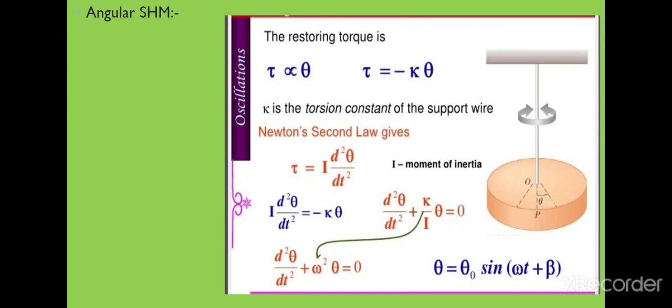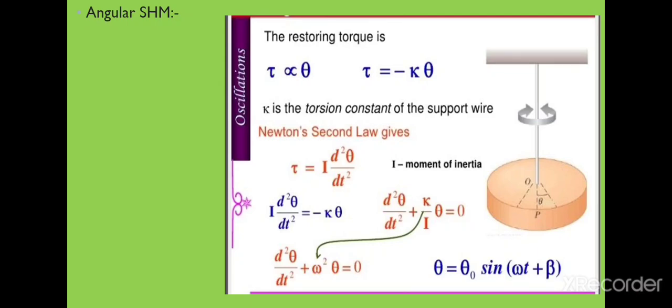Therefore, the restoring torque equation is tau is directly proportional to theta. That means tau is equal to minus k theta, where k is the torsional constant of the wire.